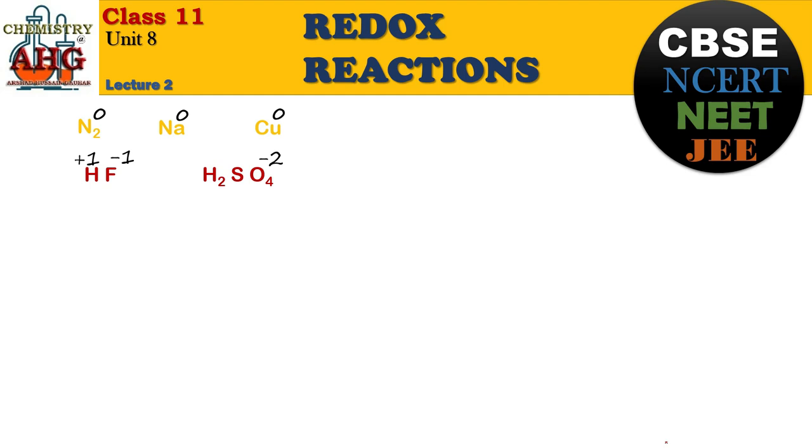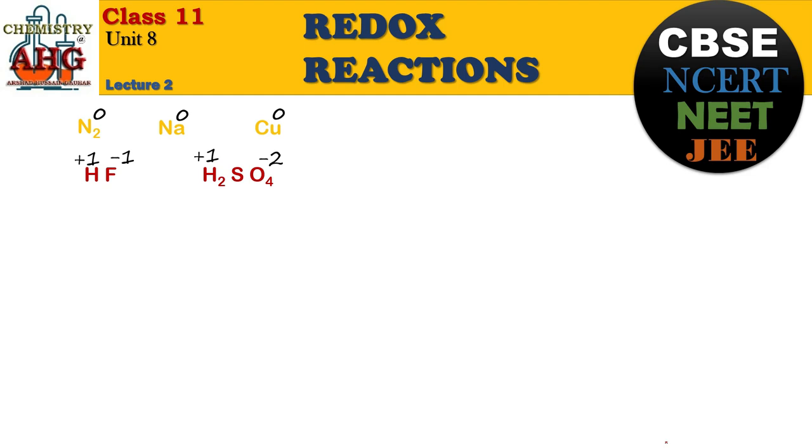At the most, how much share can hydrogen provide to neutralize the total charge of oxygen? Hydrogen, as you know, belongs to group 1. It has one electron only. So at the most, hydrogen can provide a share of 1, and hydrogen would be +1.